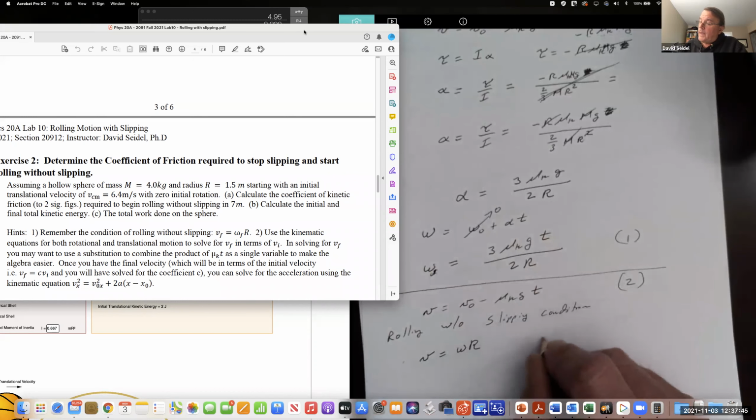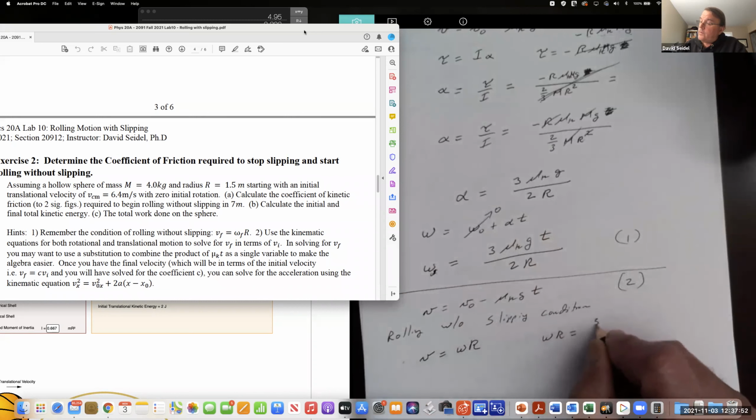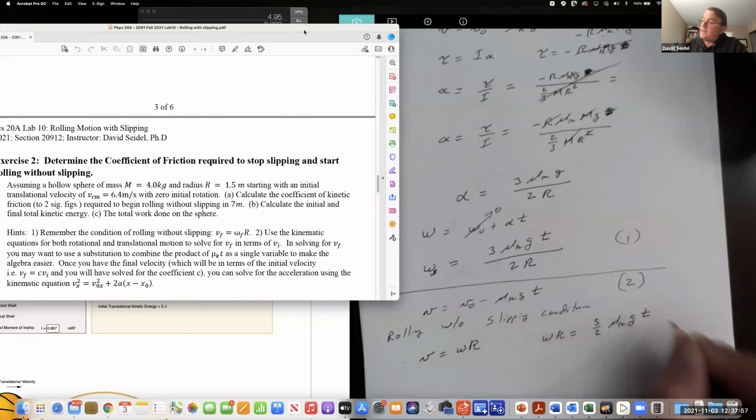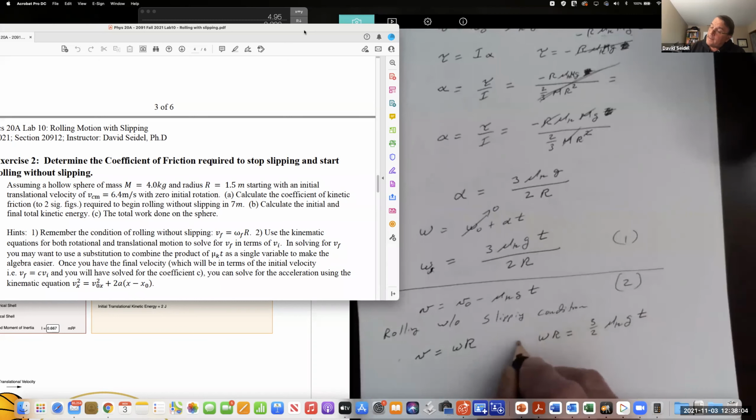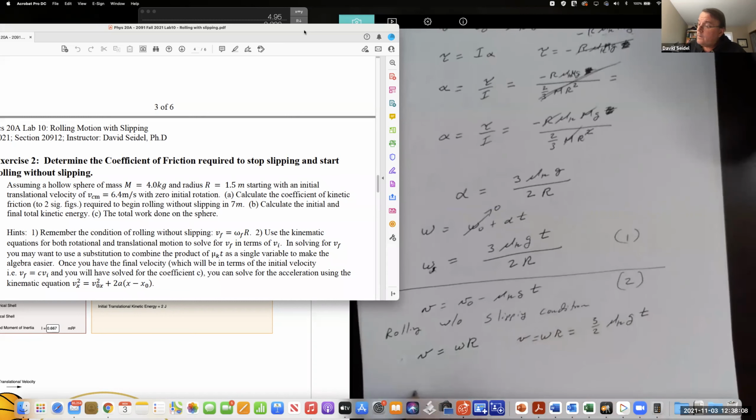So omega R is equal to 3/2 mu K g t, and that equals V. Or mu K g t equals 2/3 V.